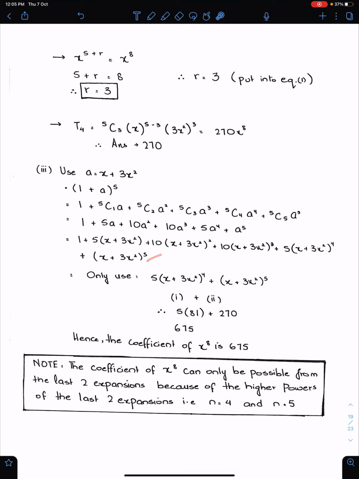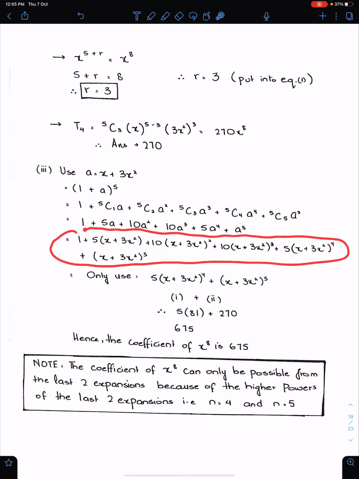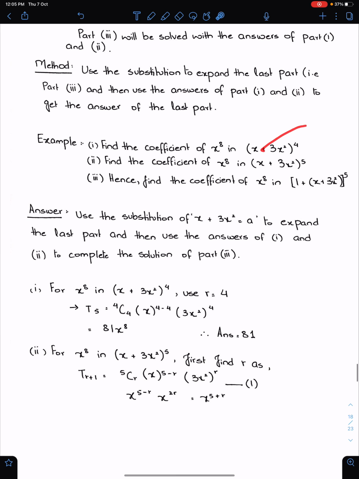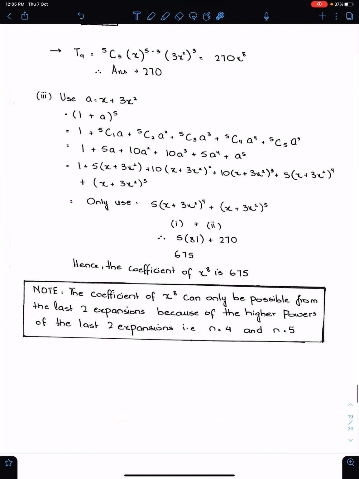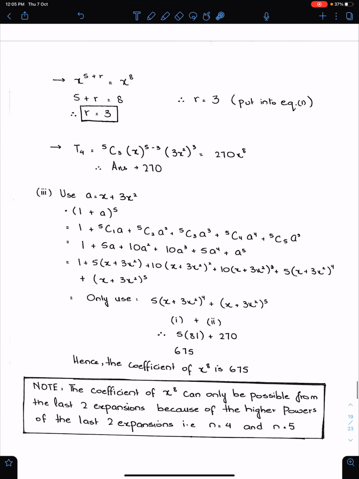Till here. Now you have to compare this expanded form with these two expansions. See, this is (x + 3x^2)^4 and this is power 5. So this is part 1.